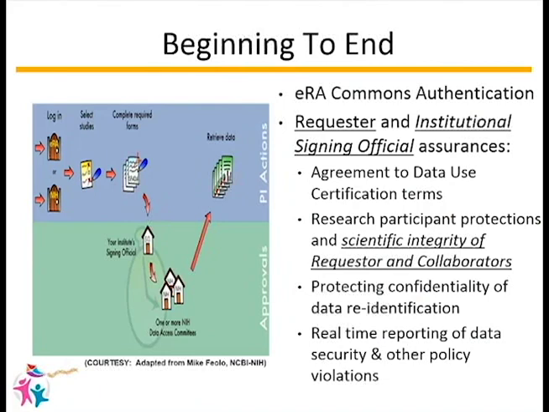The research participant protections, scientific integrity and requester collaborations are assured by your signing official. Your signing official also agrees to protect confidentiality and prevent data re-identification. And there actually is real-time reporting of data security and other policy violations.